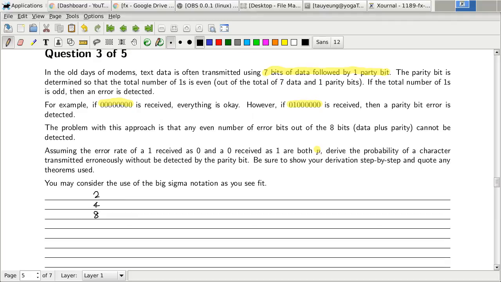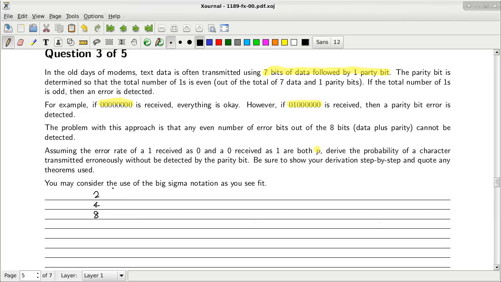Okay, so if 2 bits are erroneous, then the total number that we need to deal with here is, there are 8 bits. We choose 2 out of those 8 bits, and then p is the error rate.